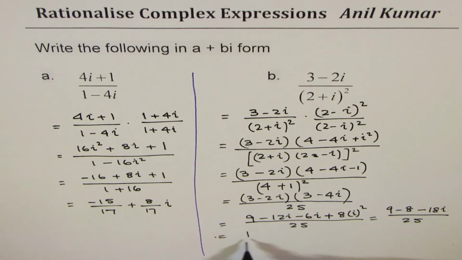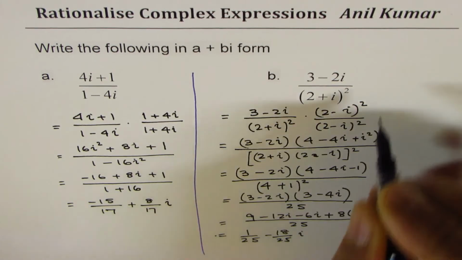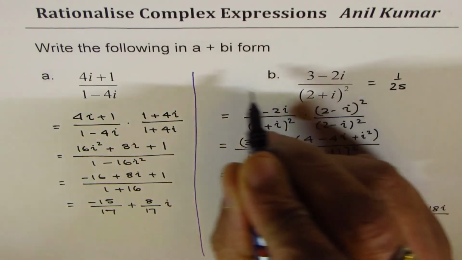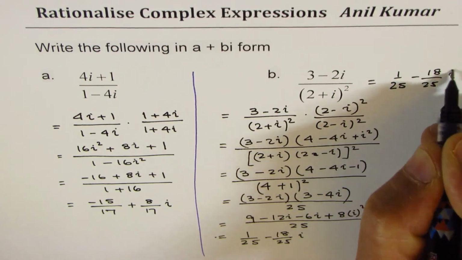And then minus 18i. So I can write this as 1 over 25 minus 18 over 25i. So this expression could be written as 1 over 25, that's the value of a, minus 18 over 25i.